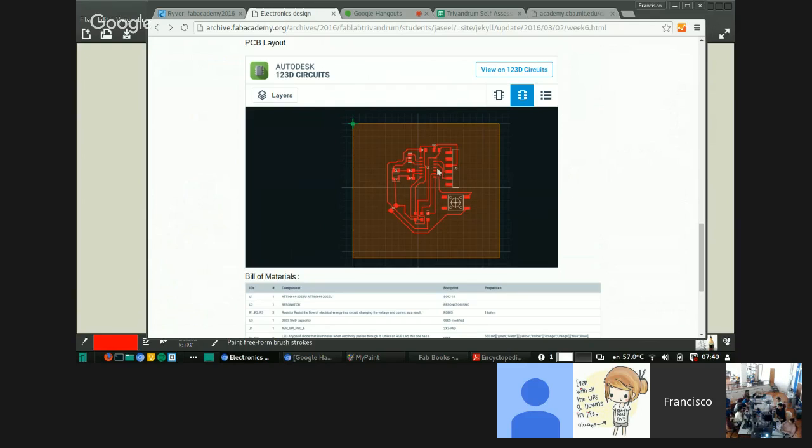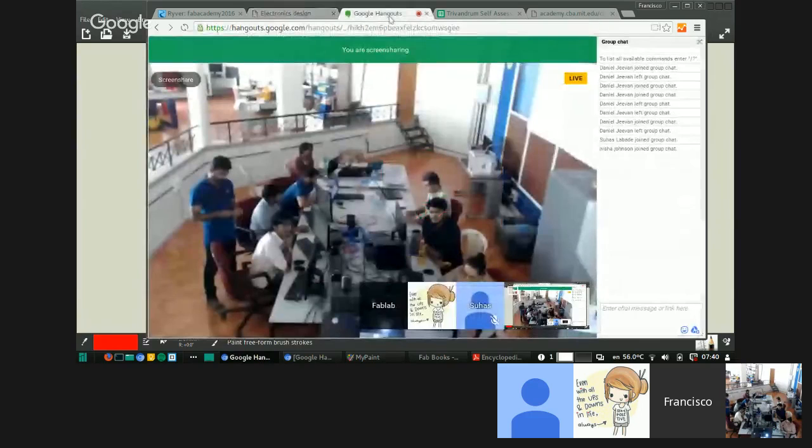Like the circuit board, the traces? We can export to Gerber files. You can download Gerber files and you have to convert from Gerber files to PNG with some of the tools. What are the export options? Gerber files. Only Gerber files?